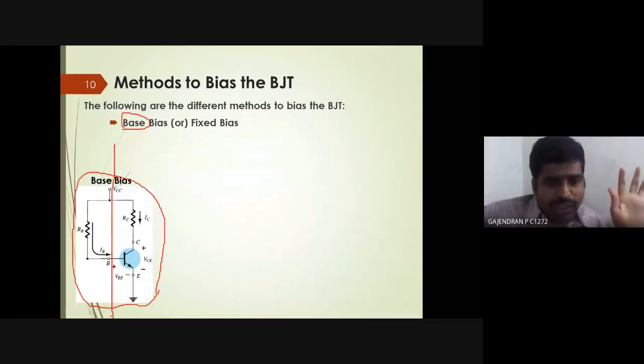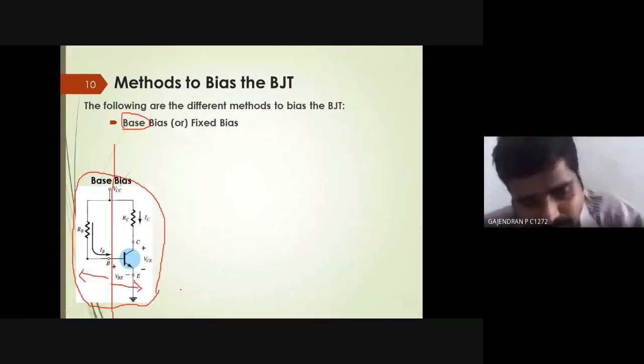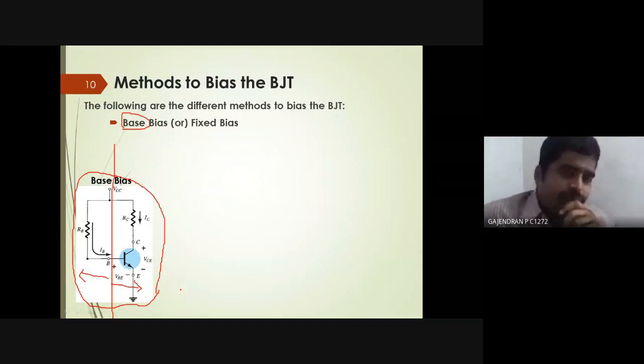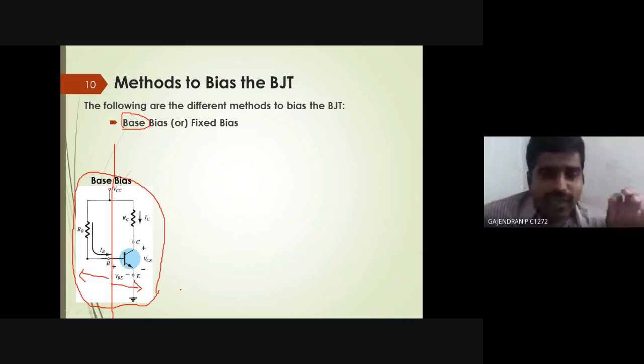Which portion is your biasing portion, towards left or right? Is biasing the input or output? Input. Now you can tell me easily, no?